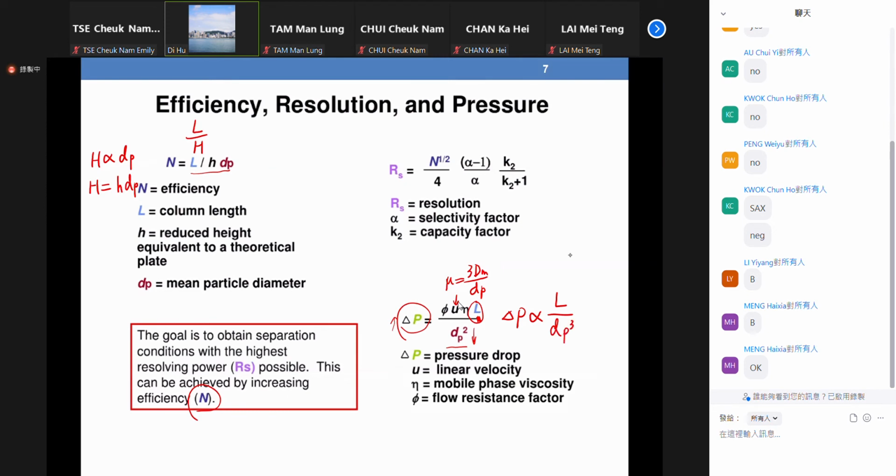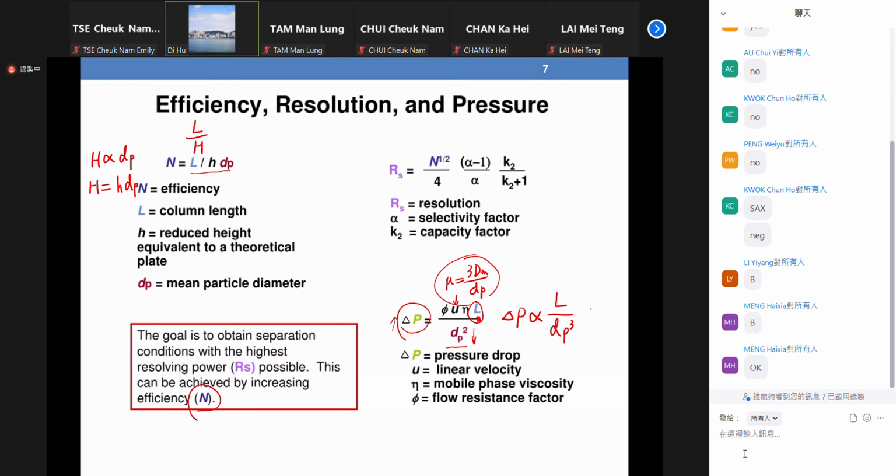And proportional to L over dp cubed, right? Not just squared. If you put this one in, delta p is actually proportional to length over dp cubed.